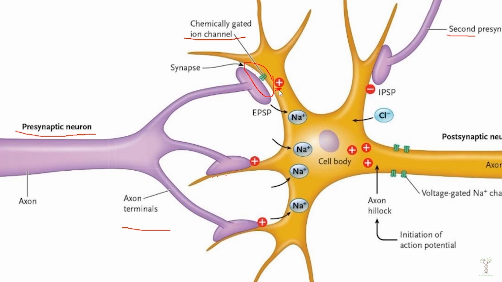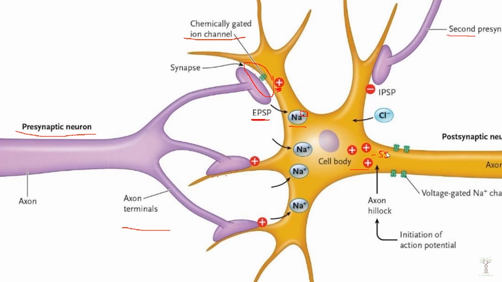So now, these ion channels could be different kinds of ion channels. If it moves sodium in, we know that sodium has a positive charge, and sodium would cause a depolarization of the membrane. If we move positive charges into this postsynaptic neuron, this is going to be the excitatory stimulus that brings our axon hillock to that threshold level, making it from about -70 up to about -55.